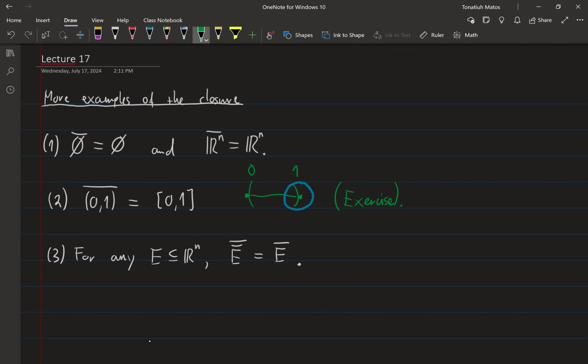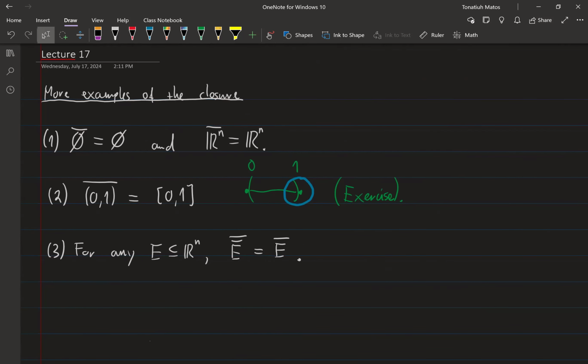So let's prove this, because this is actually quite important and also interesting, right? How do we prove this? We already know, because we argued this last time, that any set is contained in its closure, right?